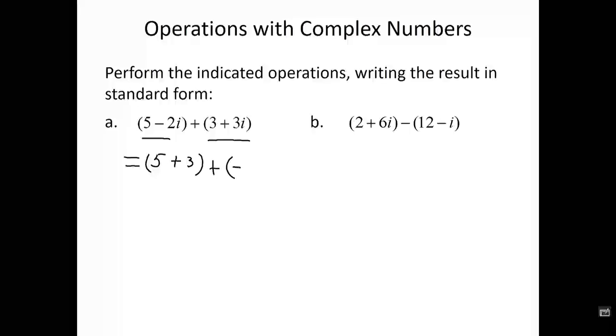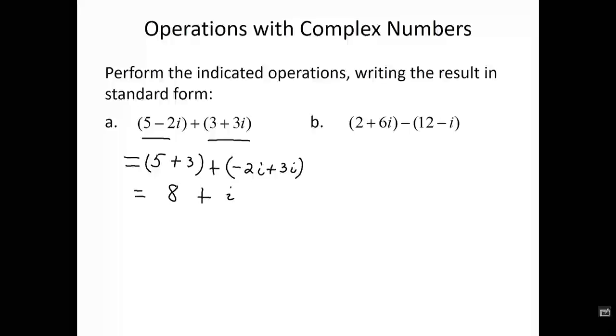So you get a negative 2i plus 3i. 5 plus 3 is 8, plus a negative 2i plus 3i is 1i. So the sum is 8 plus i. And notice the result is expressed in standard form. The real part is 8, the imaginary part is 1.